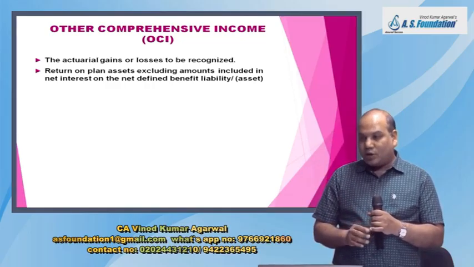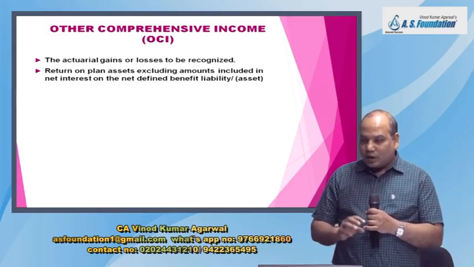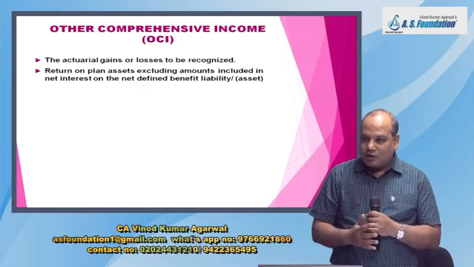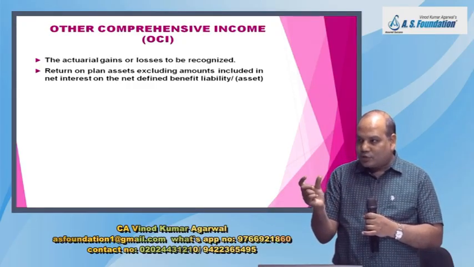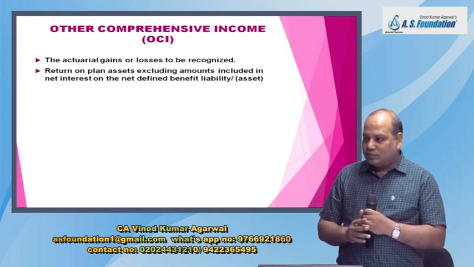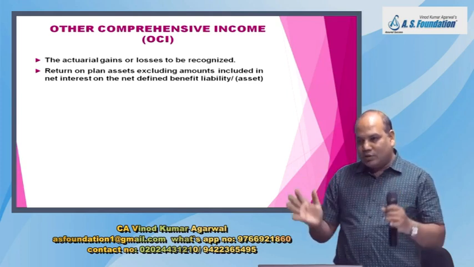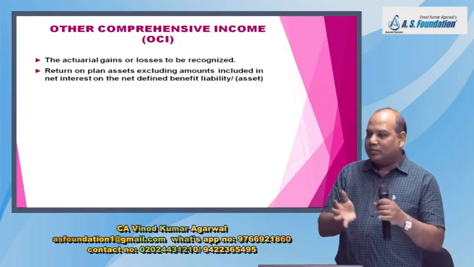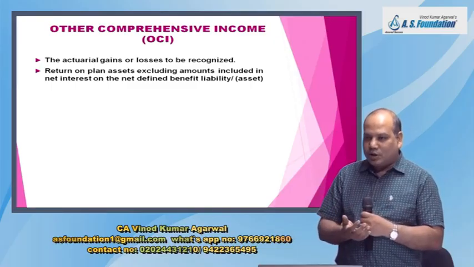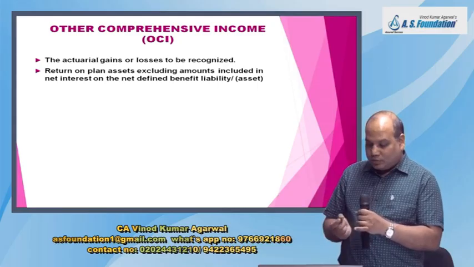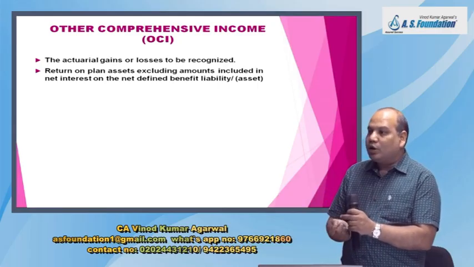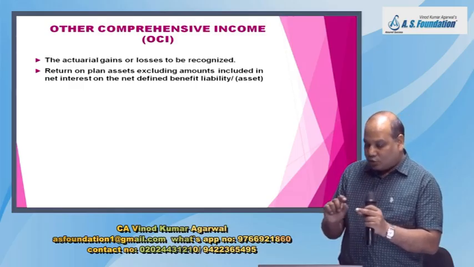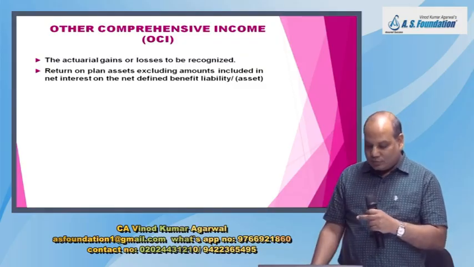But the difference between the return on plan asset and the interest income which has already been considered in net interest calculation, only that difference will be shown in OCI, because it is calculated on the fair value of the plan asset. So it is the fair value at the end minus all adjustments, so that gives me total return. Out of this total return, what portion has already gone into P&L account in the form of interest? Exclude that, the remaining amount will go to OCI.